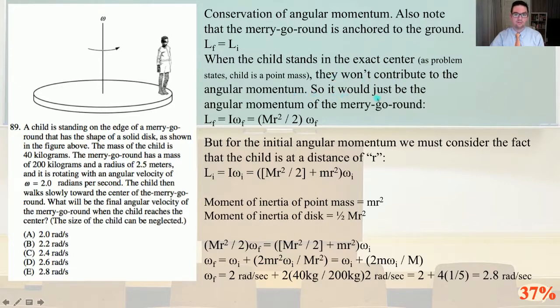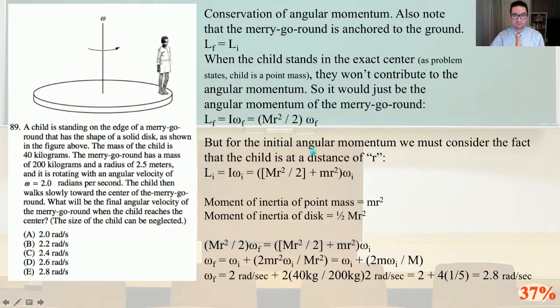So it would just be the angular momentum of the merry-go-round, where Lf equals I omega f equals, and the mass of the merry-go-round is going to be the big M, so big M r squared over 2, that quantity times omega f, the final angular velocity.